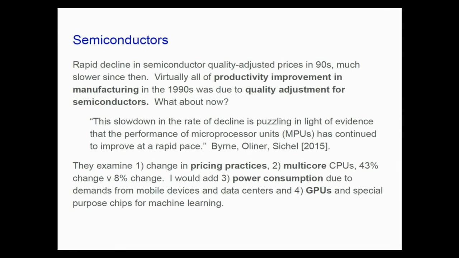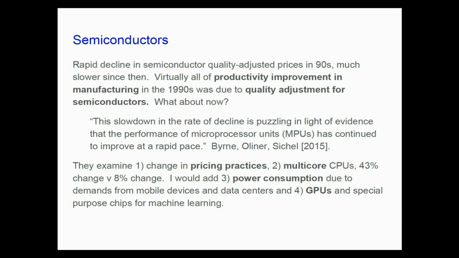This is important because virtually all of the productivity improvement in manufacturing in the 90s was due to that quality adjustment for semiconductors. And this has been pointed out by many people, that this seems to distort the overall productivity measurements for manufacturing because of this huge change in semiconductors, which was primarily due to Moore's law, because Moore's law was increasing the power of these transistors very rapidly.